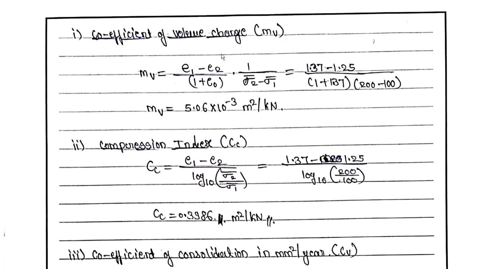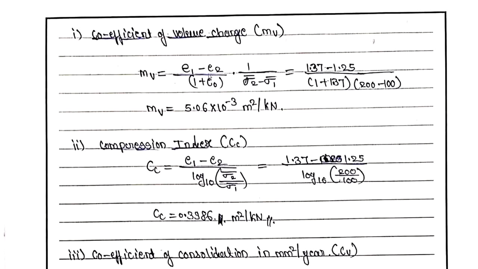Let us move one by one. Coefficient of volume change, first I would like to calculate, that is mv is equal to (e1 minus e2) divided by (1 plus e0) into 1 divided by (sigma2 dash minus sigma1 dash). Initial void ratio is nothing but e1, or else I can call it e0, so both e1 and e0 remain same in this case.